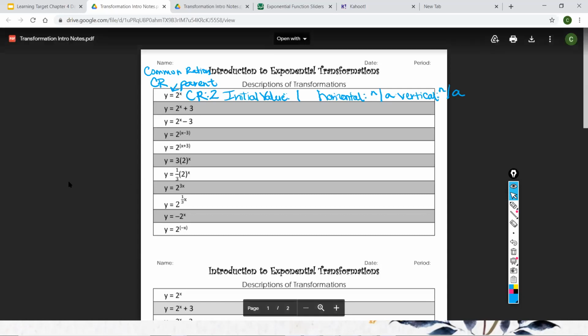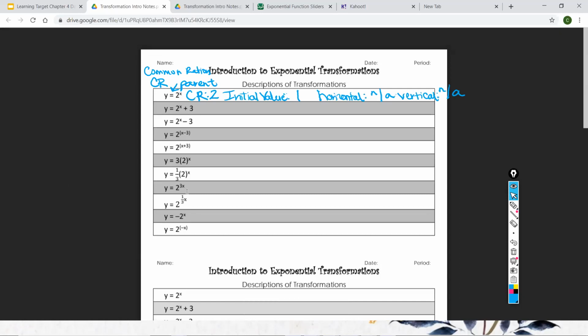For which one? Okay, remember that anything that's in the exponent is going to have to do with moving horizontally. So if it looks like multiplication, it's either going to be stretched or compressed. And remember, because it's in the exponent part, it's going to be the opposite of what you think.